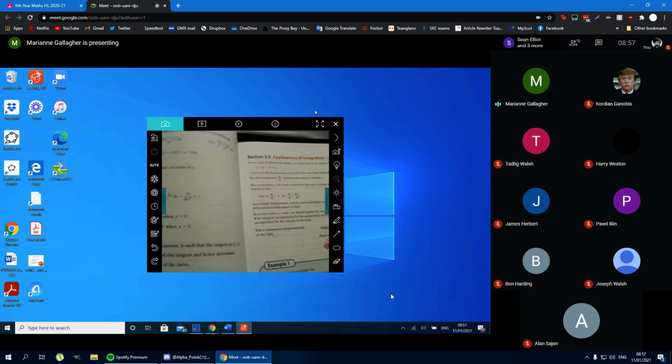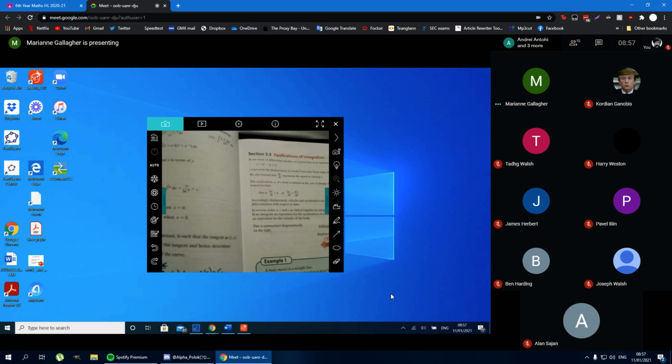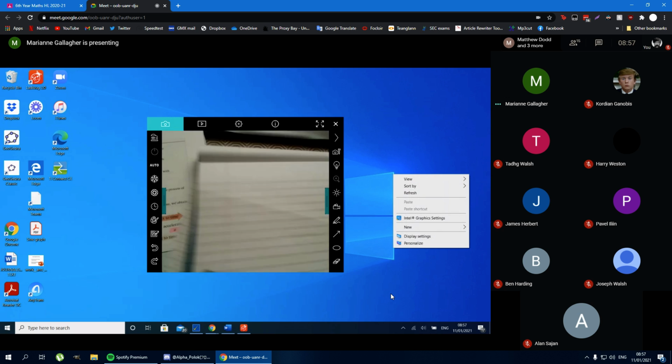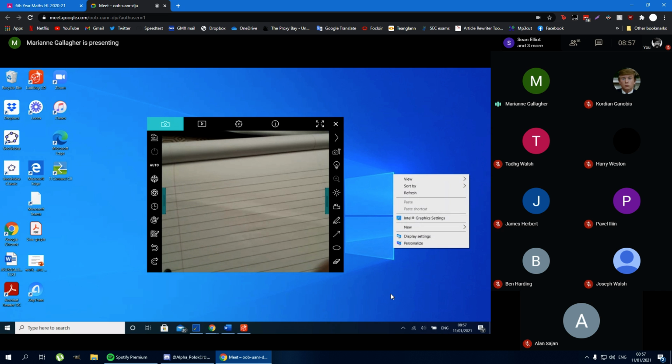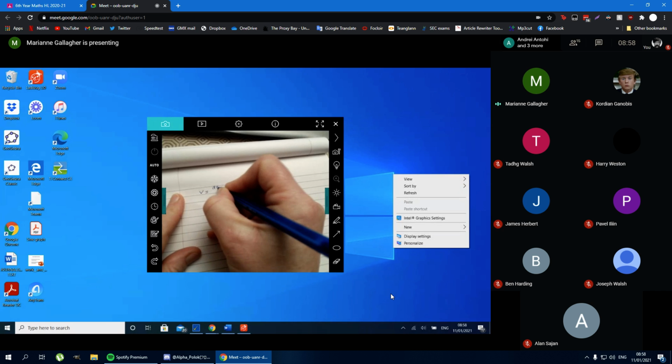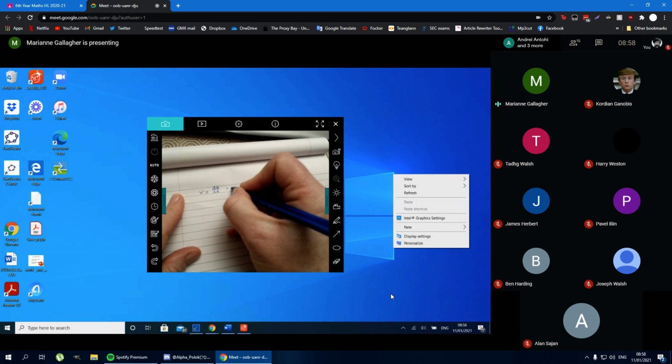Best way to see that is, I'm just going to write it down here actually. The basic formula here is velocity is equal to dS/dt. So that is the rate of change.